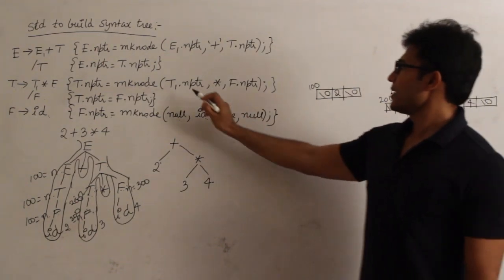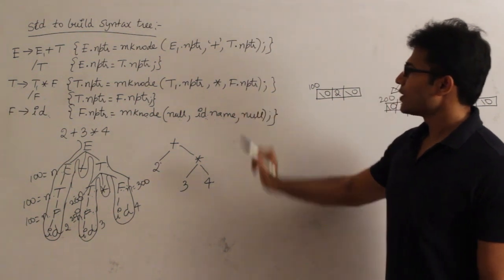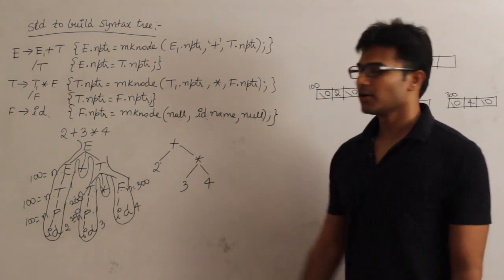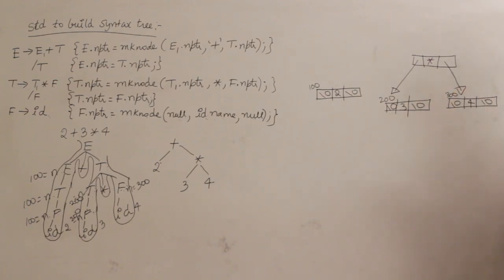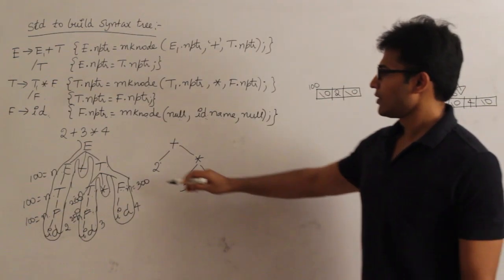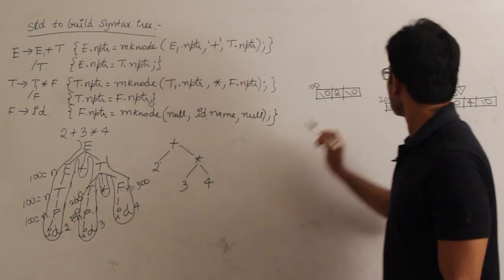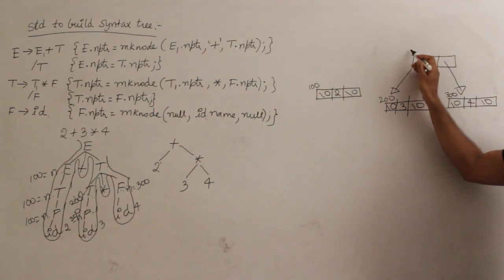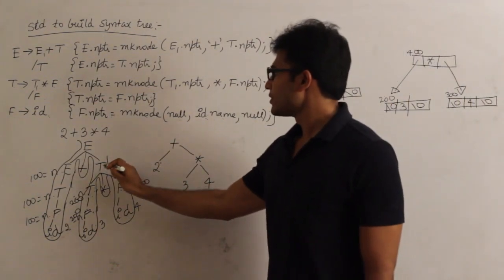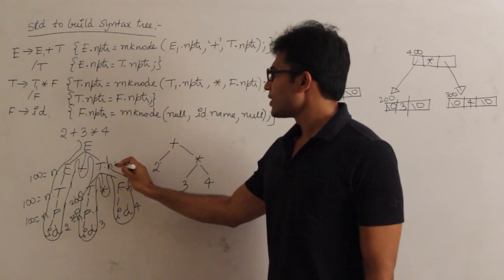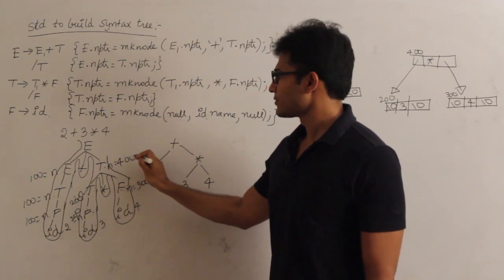The right pointer is f.nptr, which is 300, which means this one will be pointing to this. Got it? Now let us assume that the address of this newly created node is 400. Now that 400 will be here, which means t.nptr equal to 400.